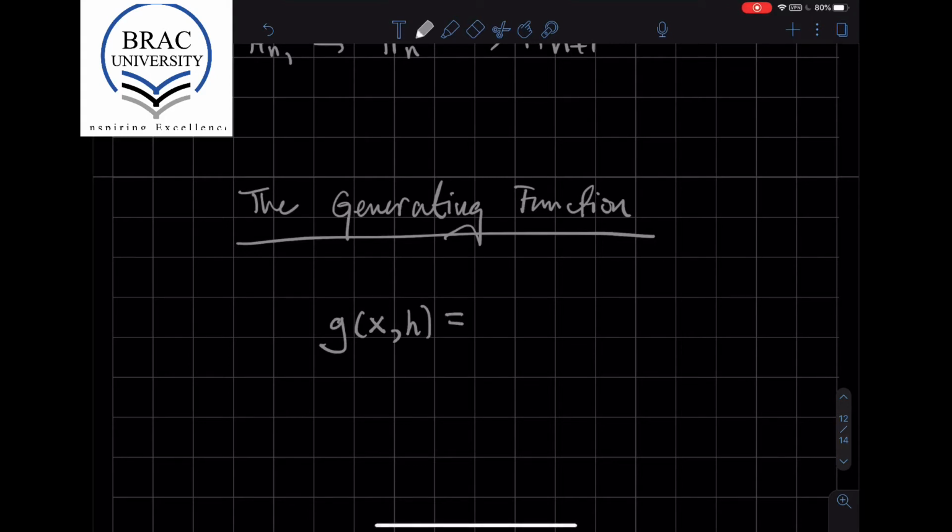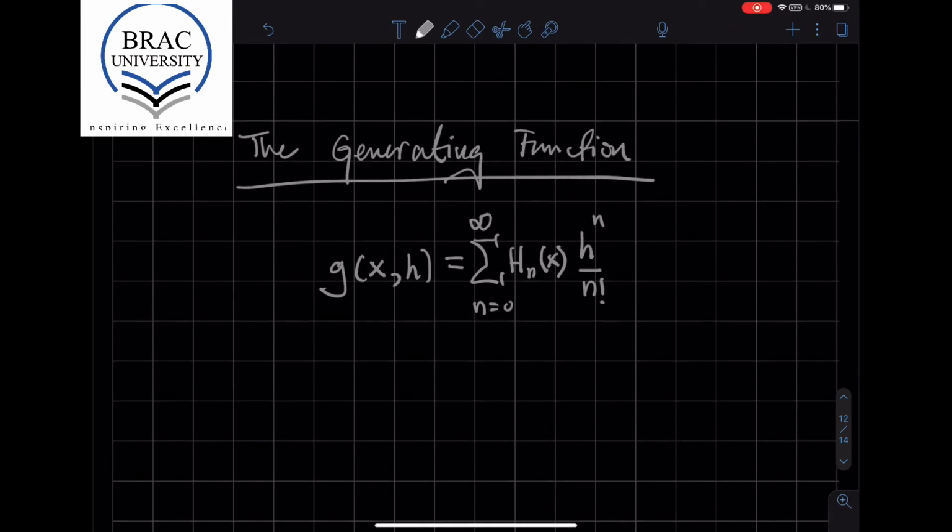This will be a power series in h, so it'll have terms like h to the power n divided by factorial of n, and then we have a sum over n, where n goes from 0 to infinity. The coefficient of each term is going to be the Hermite polynomial Hn. This is what we call a generating function.